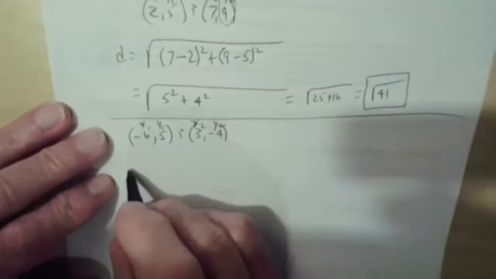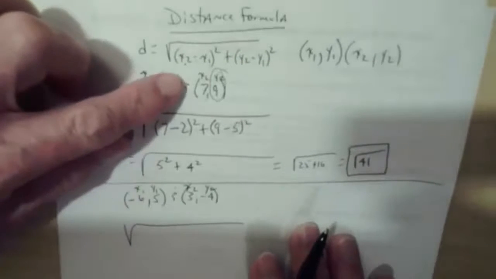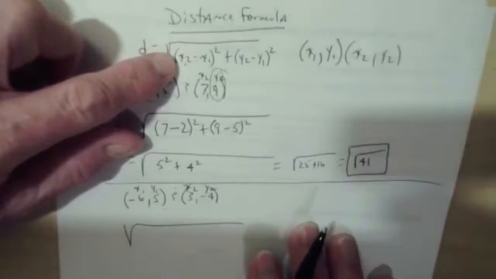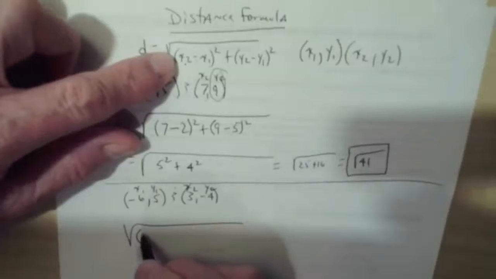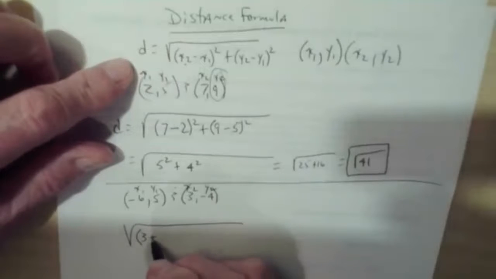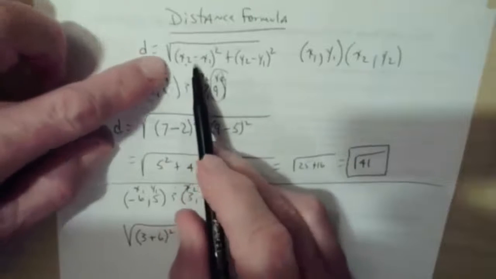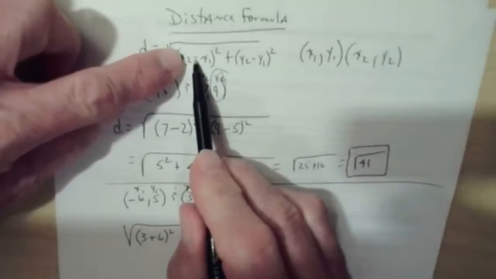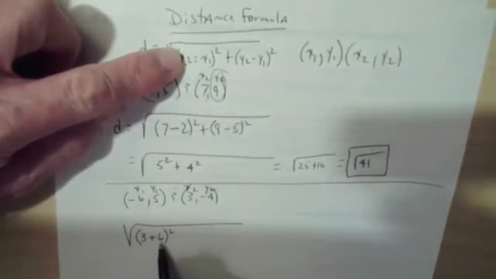So we have the square root of x2, our formula is x2, which is 3. So we have 3 minus x1. Minus a minus 6 makes it a plus 6. Close squares. Everybody with me here? The formula says minus, or you can think of minus as the opposite of. The opposite of -6 is +6.